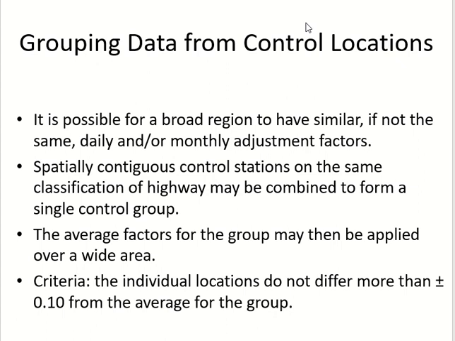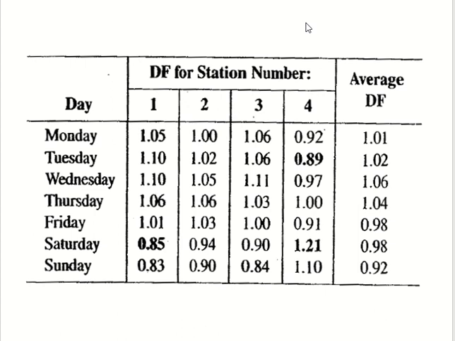The difference between the average for any day and its member values should be less than or equal to plus or minus 0.1. So they already tried the grouping: once they calculated the average, the average is the group. Now we have to see if the group is valid or not, if the group is working or not.